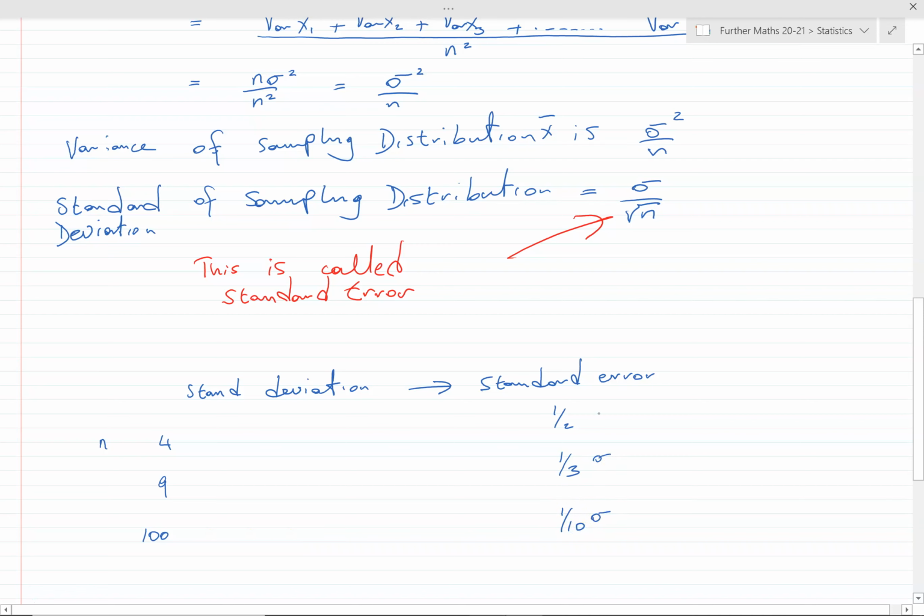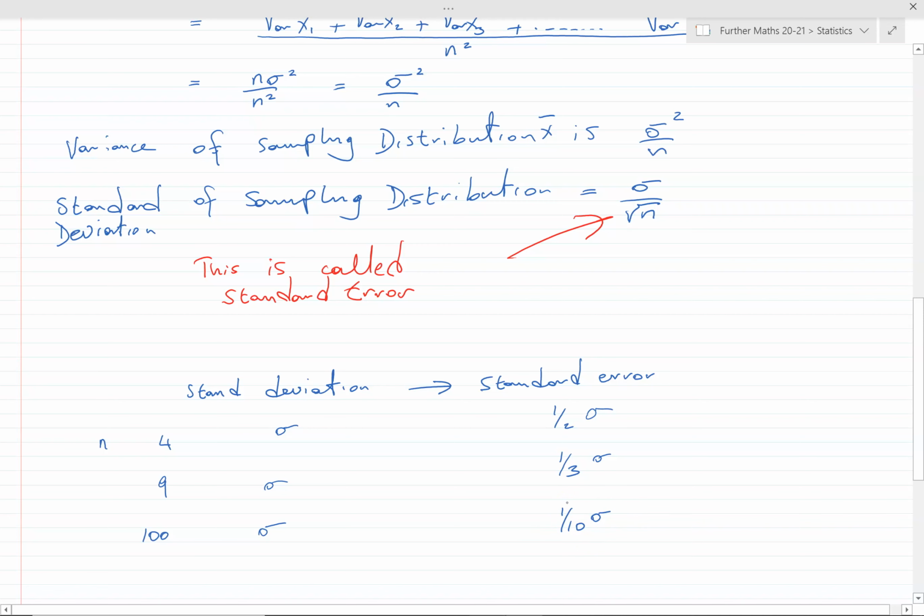Okay, so that is quite significant, because what we're coming on to is hypothesis testing and talking about sample size. This is what the economists call the law of diminishing returns, and it is quite significant when deciding sample size, because 100 is already quite big, but we've only got 1/10 of the original standard deviation.